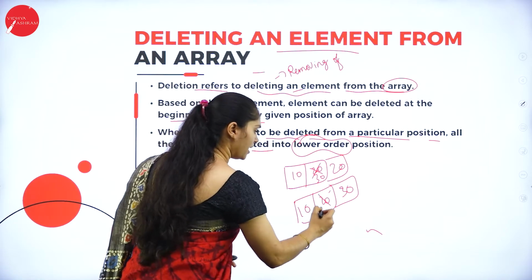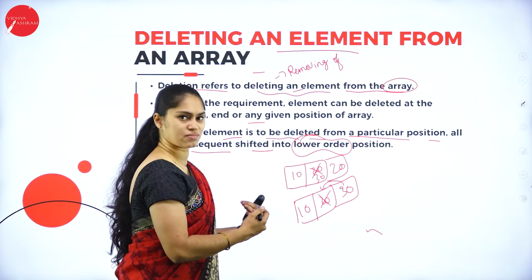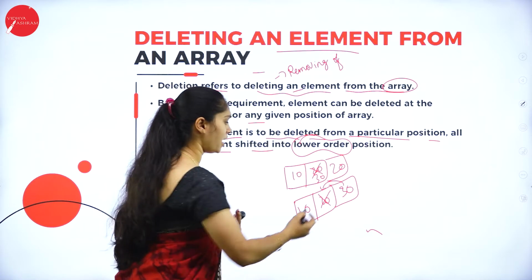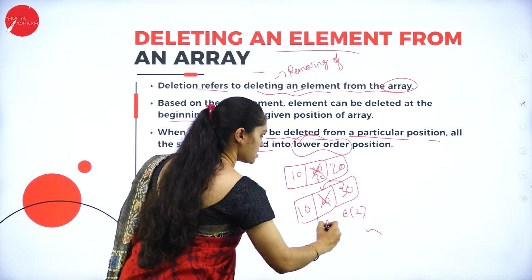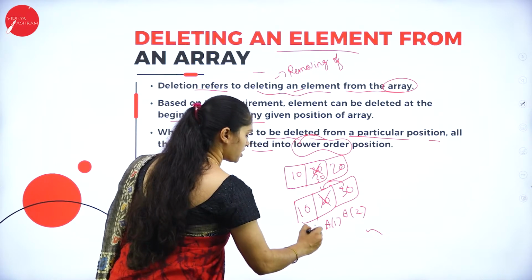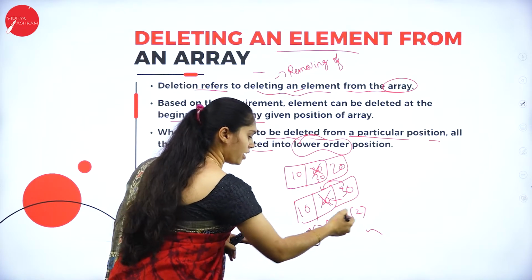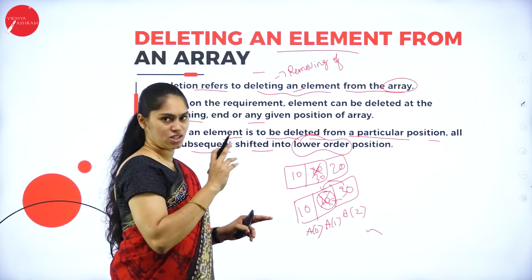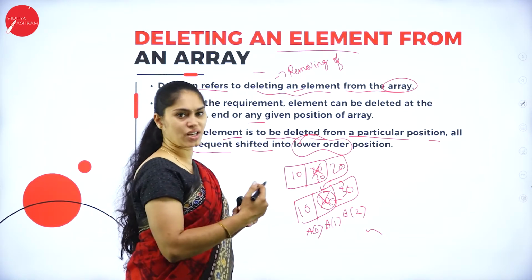If I delete it, this 30 will be copied to the previous location. This is just the reverse of insertion. This 30 will now be in A of 2, this is A of 1 and this is A of 0. So whatever we have in A of 2 will be moved to A of 1 if I am deleting the position 1 element. That is the difference between insertion and deletion.